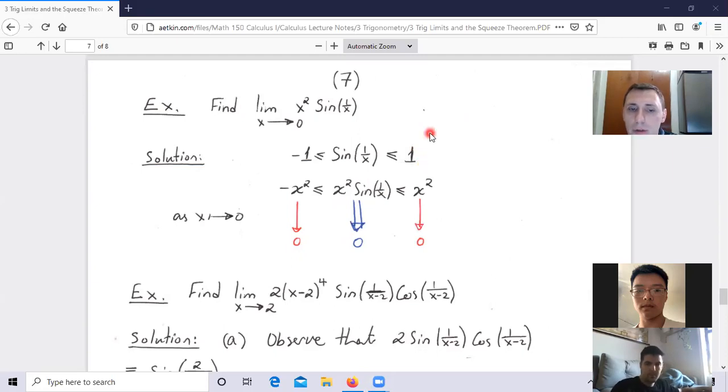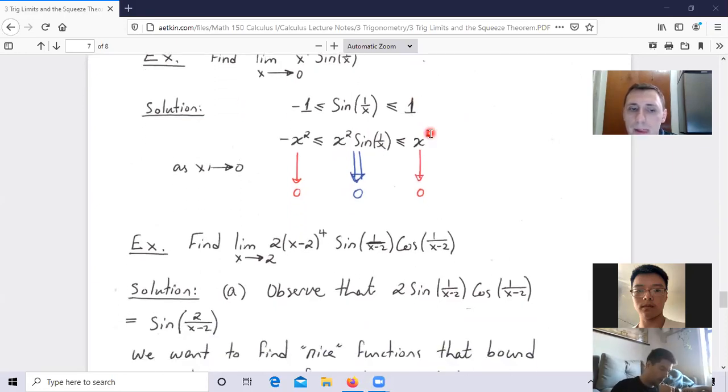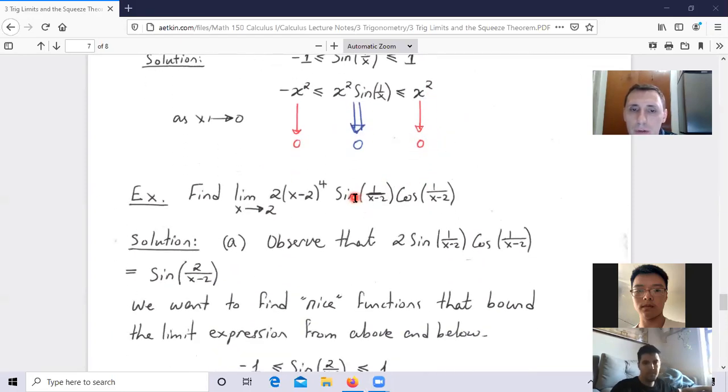Here is how we're going to do it, guys. Are you ready? So I need to find nice functions. I can observe that sine of an angle times cosine of an angle, each of them is between -1 and 1. So altogether, this entire thing is oscillating between 1 and -1.